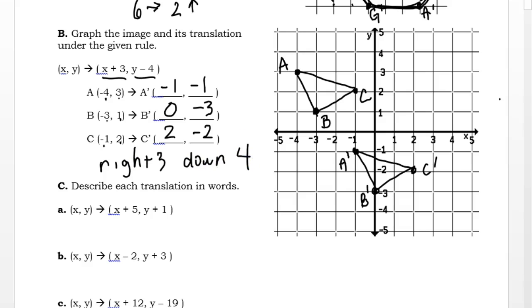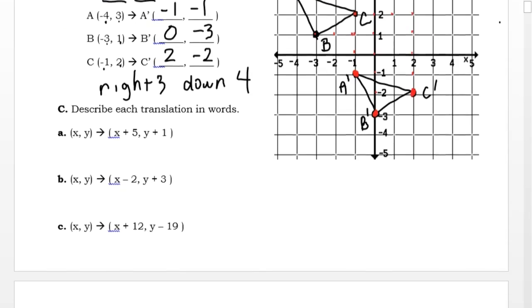So we could use that vector just like we did in the last question, starting at each coordinate on triangle ABC, counting 3 to the right and 4 down, and that brings me to the same coordinate. From letter B, 3 to the right and 4 down, and from letter C, 3 to the right and 4 down. And so we can get the same shape by counting left and right and up and down, or we can get it by using addition and subtraction.